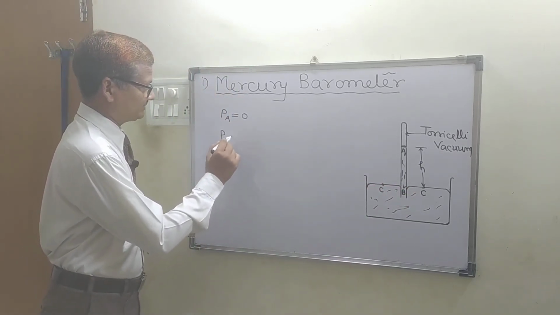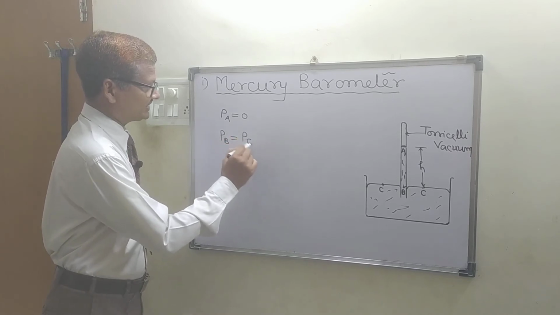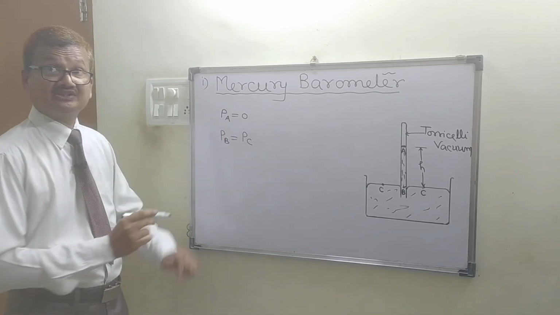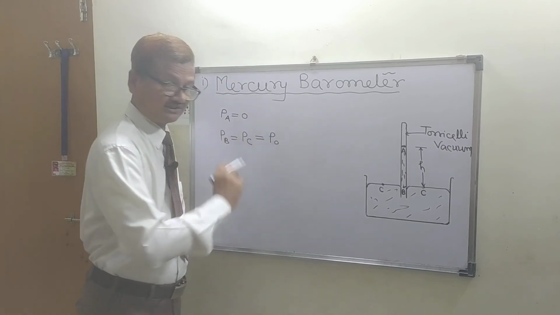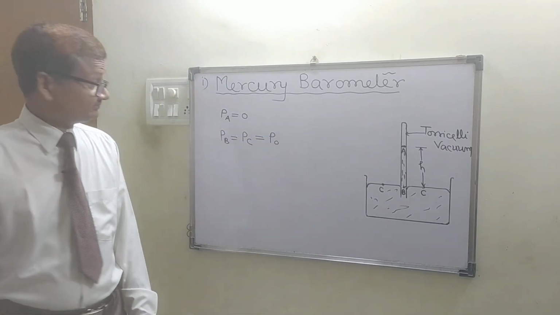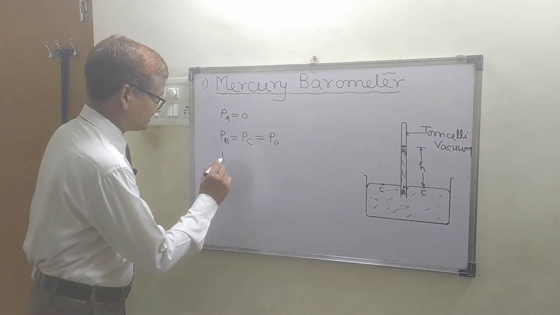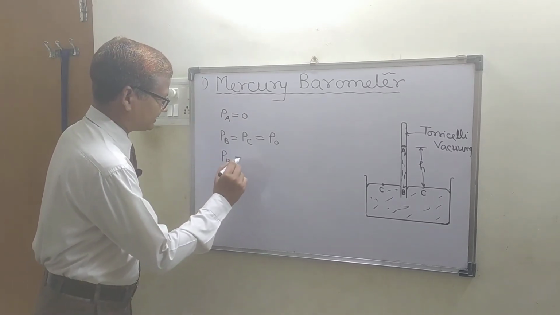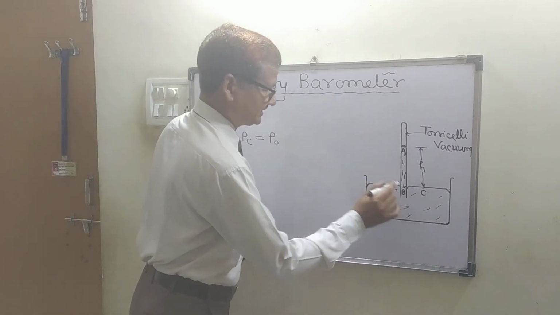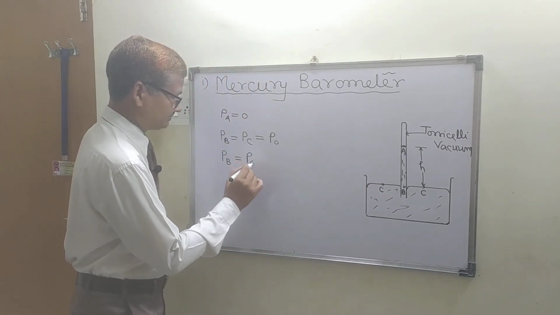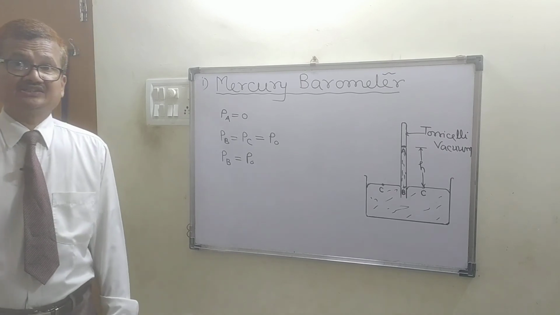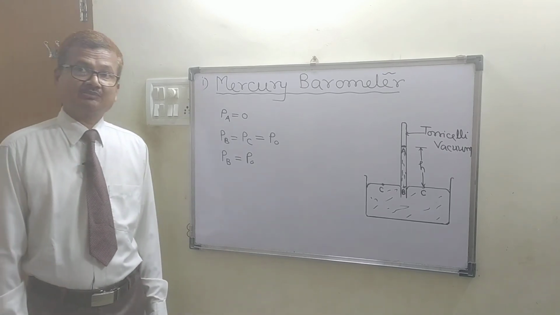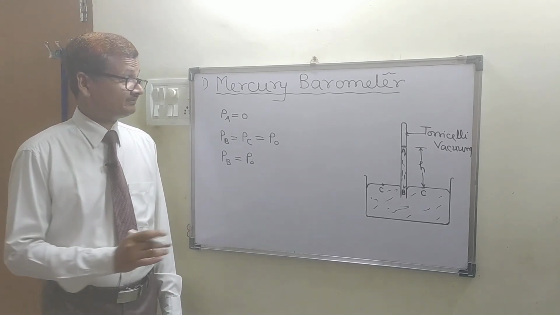Pressure at C is equal to atmospheric pressure, that is P0. Therefore PB, the pressure at point B, is equal to P0. Suppose point B is at a depth h.